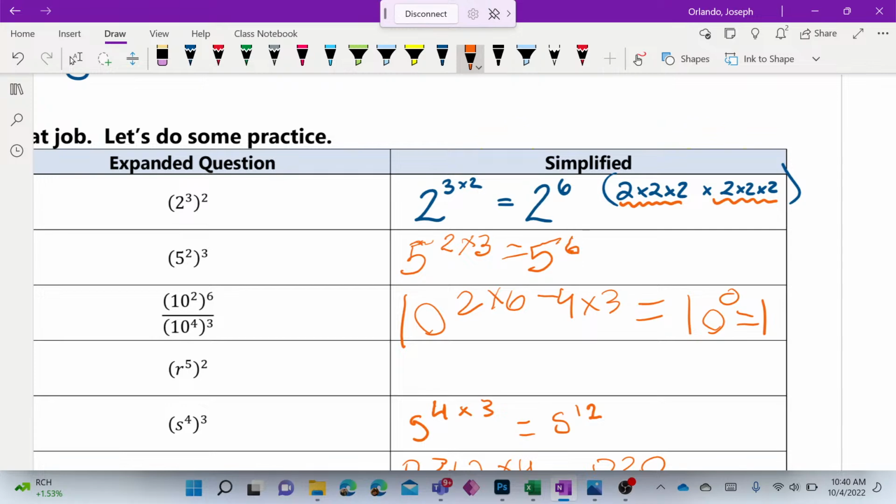Now here, lovely job. 10 to the power of 2, 6 times is 2 times 6, which is what, by the way? 12. So that's going to give us 12. And then here we have minus 4 to the 3. And what's that going to give us? 12. And what's 12 minus 12? 0. And anything to the exponent 0 is? 1.